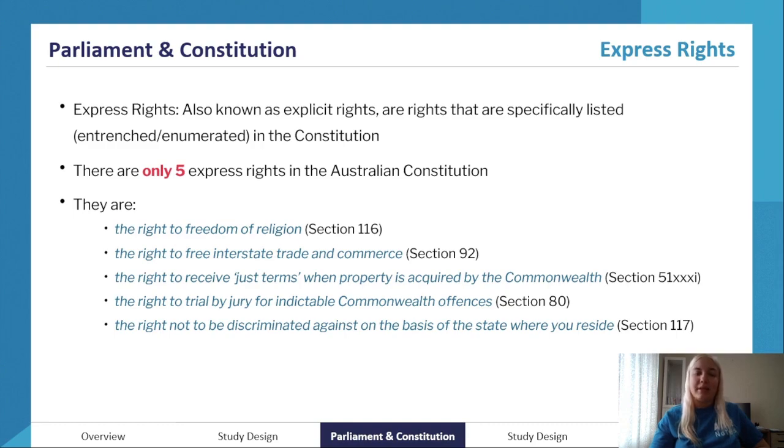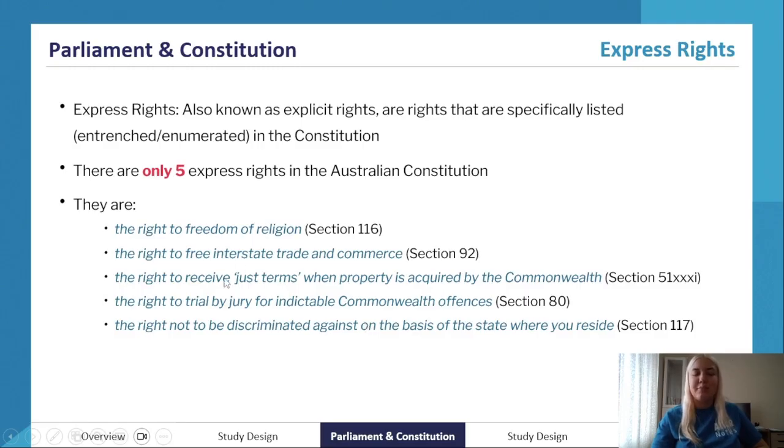This one is quite limited because this basically gives Commonwealth the right to attain your property if they need it. So if they need to build something for whatever reason, they could take your house from you or your business. However, it means that you must receive just terms.